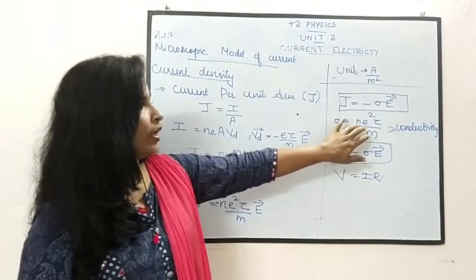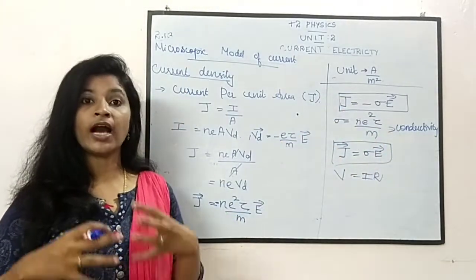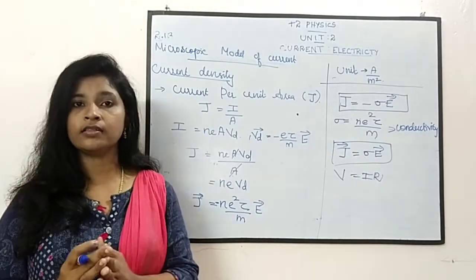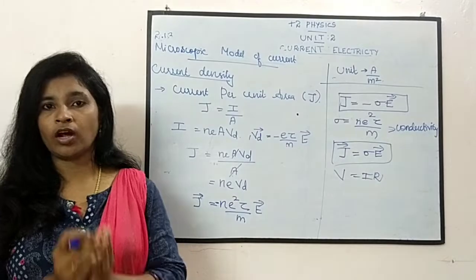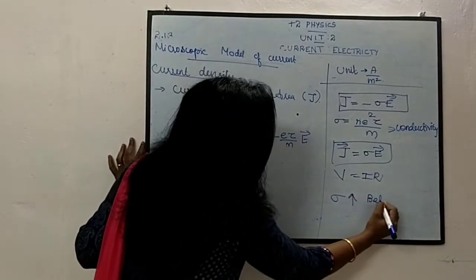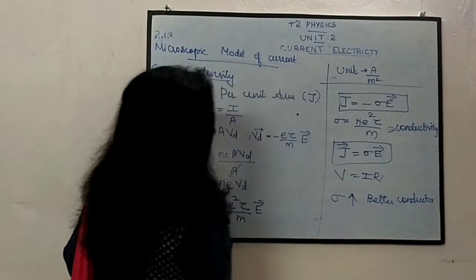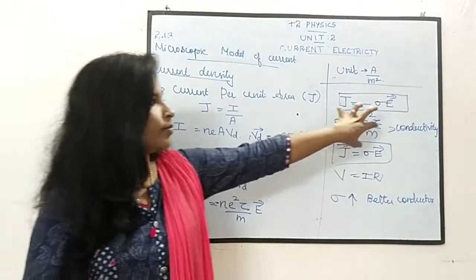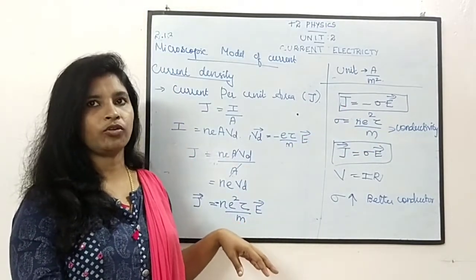When you calculate these constant values for a material and the value is high, we will say that material has better conductivity, or is a better conductor. If the sigma value is high, it is a better conductor. So using this term we can decide whether it is a better conductor or not.